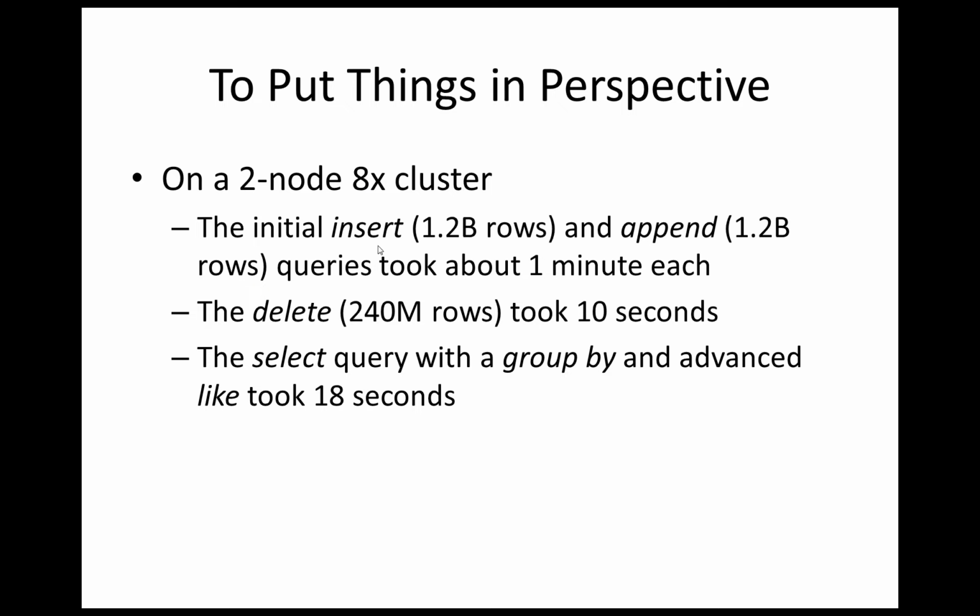So we went from inserting 1.2 billion rows in about 9 minutes in the 2-node XL cluster type to about 1 minute in this environment. And then it took only 10 seconds to delete 240 million records, and then 18 seconds for the group by query with an advanced like statement. So extremely impressive performance, and this is only on a 2-node cluster. So just imagine what a 16-node would perform like.